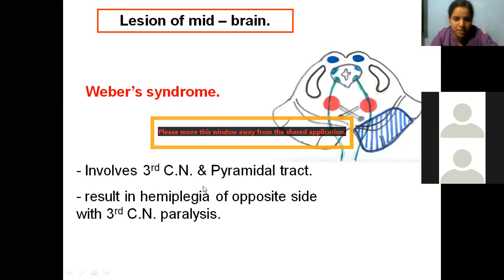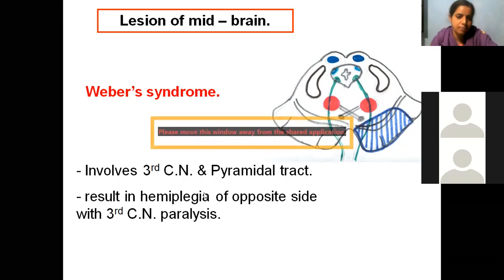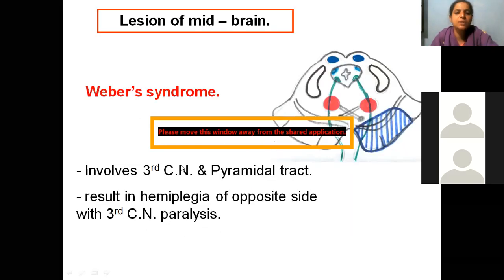Now the oculomotor nerve is damaged, hence the person will have paralysis of extraocular muscles, all except the superior oblique and lateral rectus, because those are supplied by the fourth and sixth cranial nerves respectively. So that is Weber syndrome.